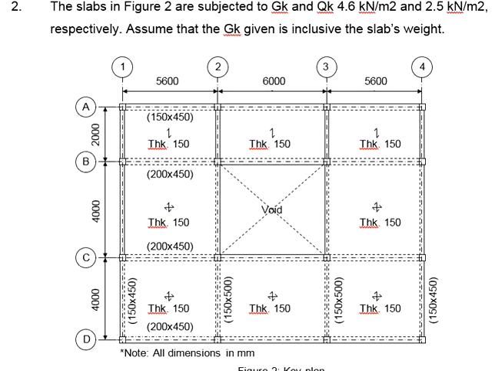Sometimes in the industry, you see the designer intend to reduce the weight of the slab by providing a slab thickness of 115, which is equivalent to the thickness of a brick wall. As far as I am aware, this is the thinnest slab that I have ever encountered, based on my personal experience.